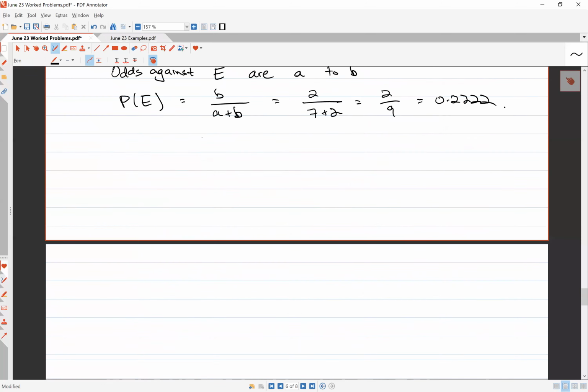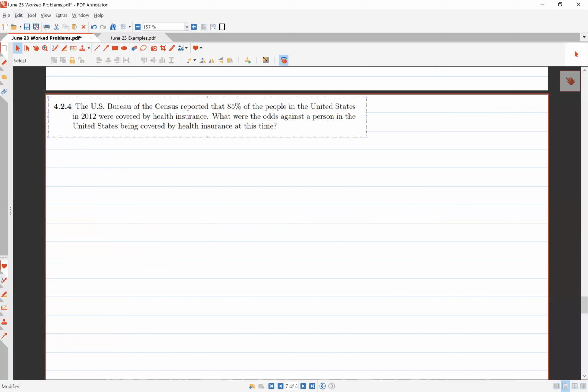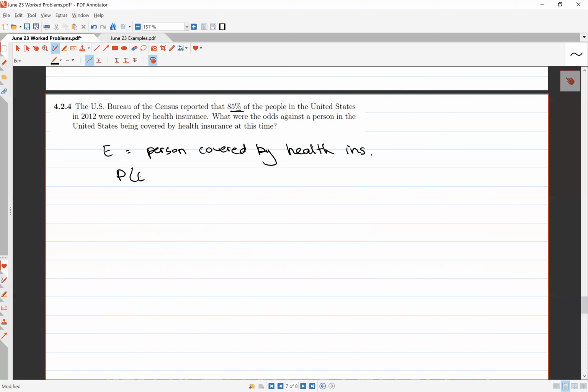So here's an example where we're given the probability. We're told the US Census Bureau reports that 85% of people in the United States in 2012 were covered by health insurance. So our event E is that a person is covered by health insurance. And we're told the probability of that event, expressed as a decimal, is 0.85.